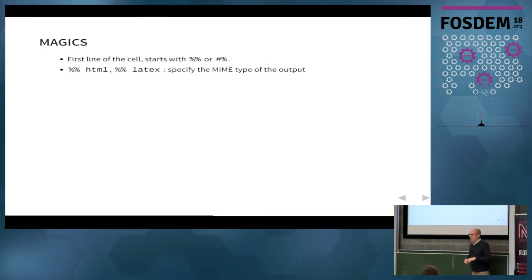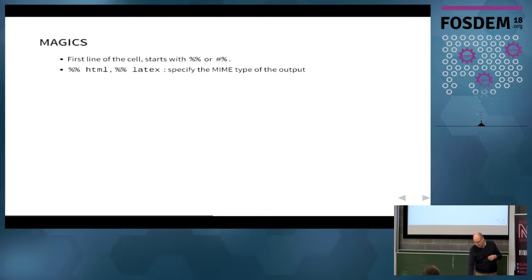So magics are ways of telling the kernel what to do. Like I said, they're sort of like macros, but they can do a little more. They're a little more powerful. So just like you can have SVGs, if you want to explicitly say the output here is HTML, you can do that too.